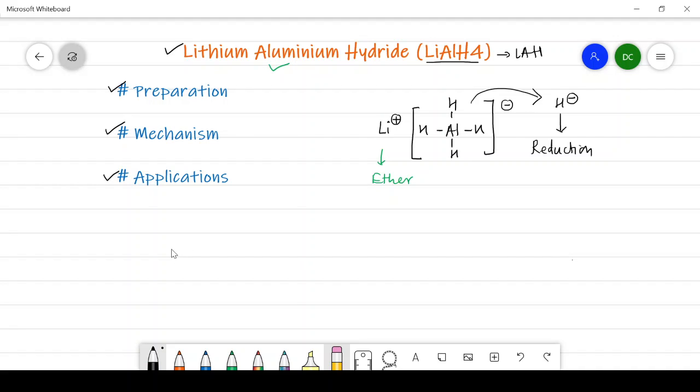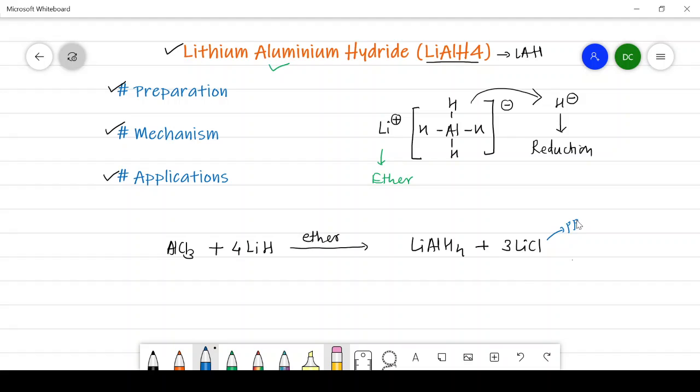It involves the addition of a calculated amount of aluminum chloride to a slurry of lithium hydride. When it is added in the presence of ether, the lithium hydride reacts with the aluminum chloride to form lithium aluminum hydride, and a solid, lithium chloride, is precipitated out. The lithium aluminum hydride is soluble in ether.